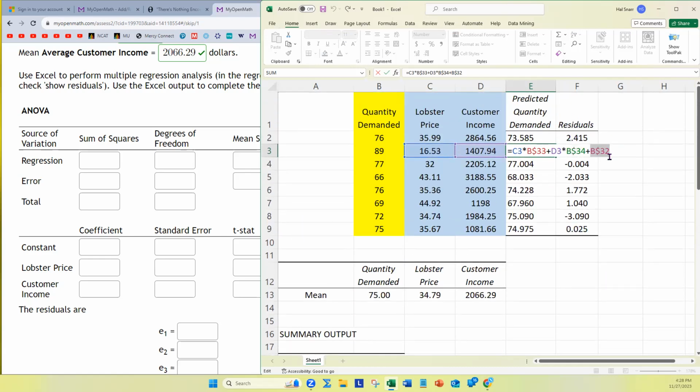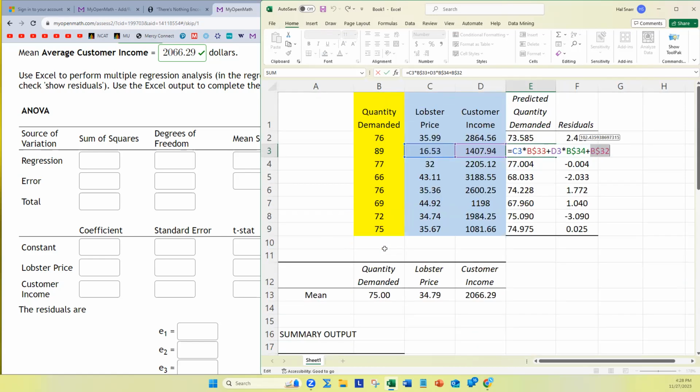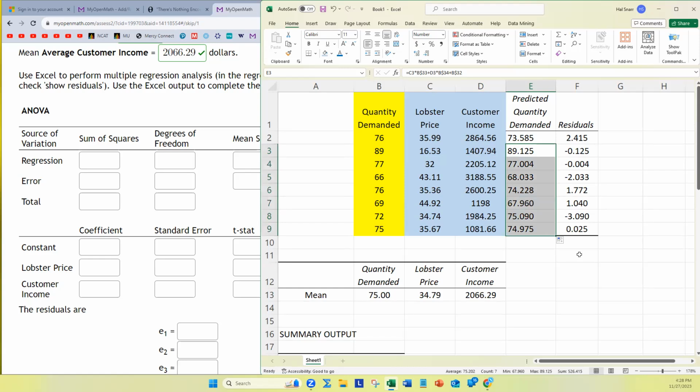Then I'm going to add to that the intercept of my equation, right there, 102.436, right? And then I can just drag this down, and notice the values won't change, right? The values don't change. Okay. Everybody see how we predict the model?